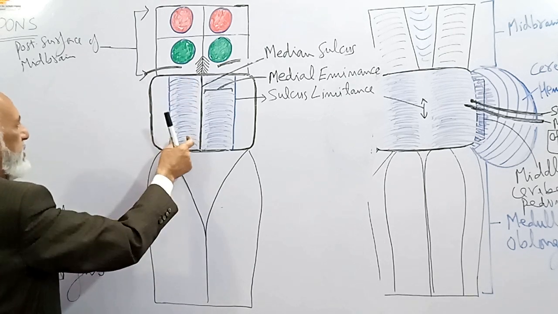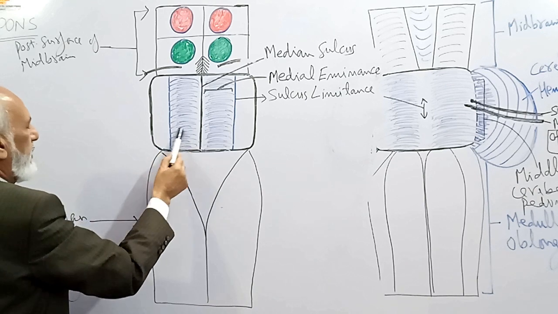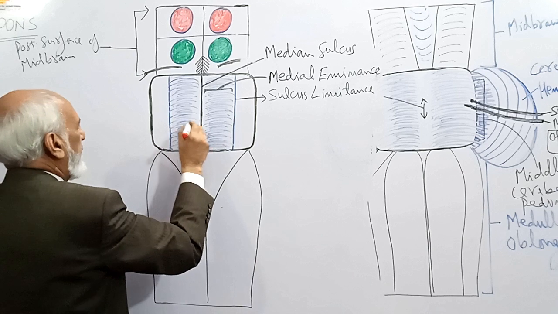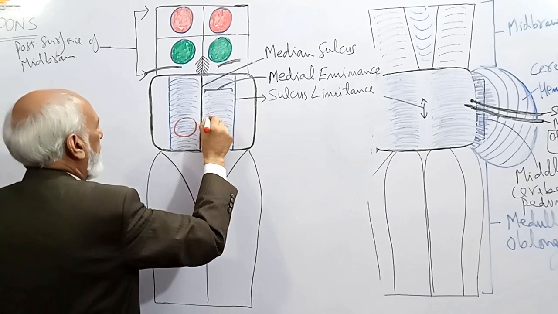Now, this is medial eminence. In the lower part of each medial eminence, again there is a rounded swelling. It is further raised on each side.